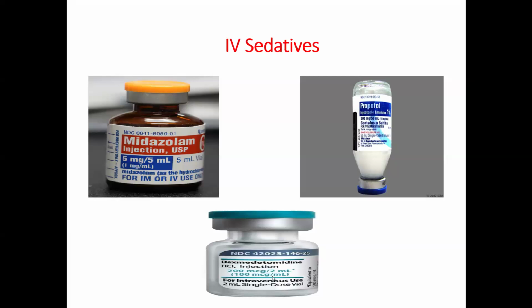And then dexmedetomidine is an alpha-2 agonist, similar to clonidine. And this is the new one in town, basically, and it's used for sedation that is not well done through midazolam or propofol.